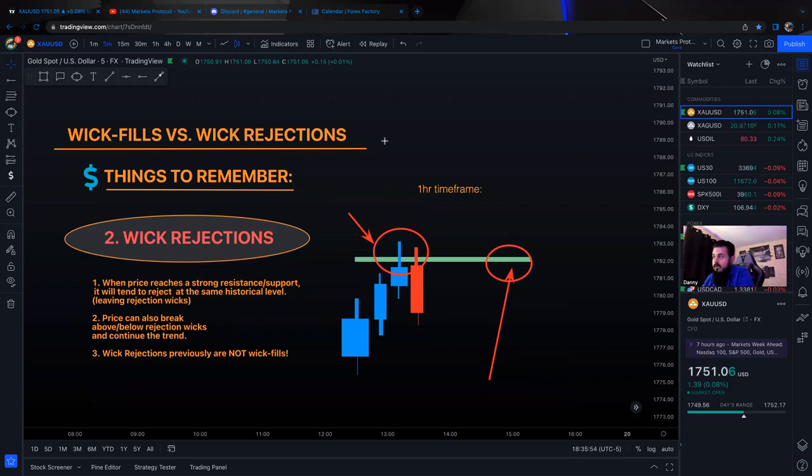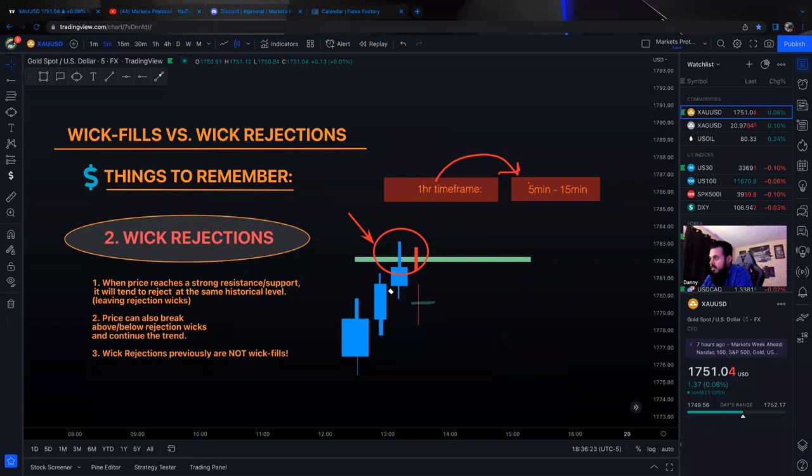Now if you were to see this rejection on the 1 hour time frame and toggle it down to a 5-minute or 15-minute time frame, what the picture would look like there is you could expect price to leave sort of rejection wicks in that area.